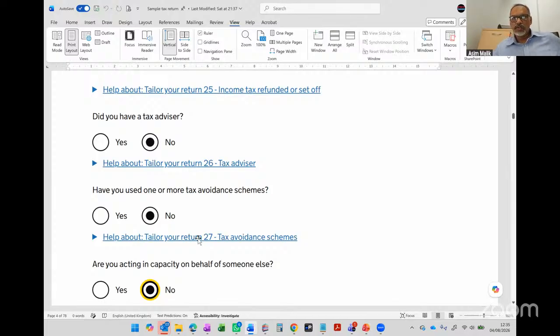HMRC is not allowing tax advisors to be unregistered. For money laundering purposes, they regulate. या तो आपका अपना इंस्टीट्यूट रेगुलेट करेगा, या फिर HMRC खुद रेगुलेट करेगा टैक्स एडवाइजर्स को.